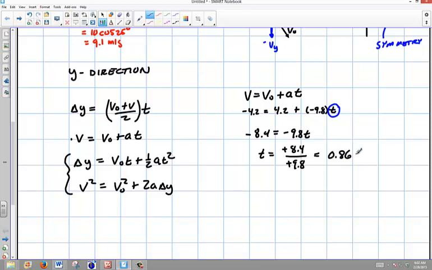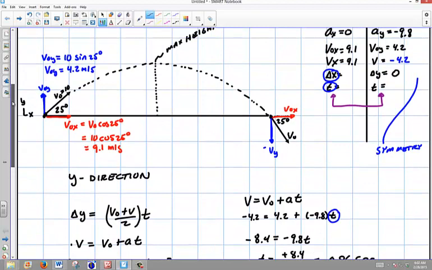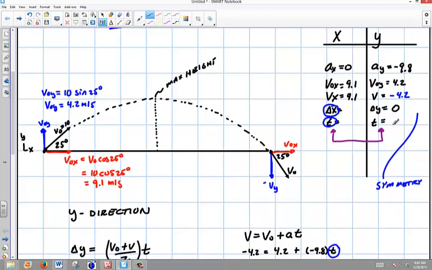And in this case, we're only going to get this value here, which is just one physical real value, 0.86 seconds. So if I go back up here, I go to 0.86 seconds. So now I've found the first thing I'm looking for, time of flight.